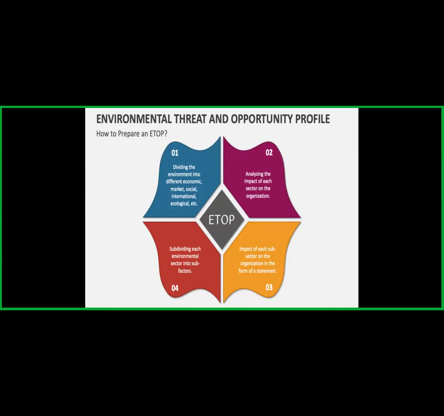They are planning in advance that in case such a problem comes in front of our organization in future, how we are going to handle it, how we are going to overcome it. That's the reason why it is always called a proactive tool.